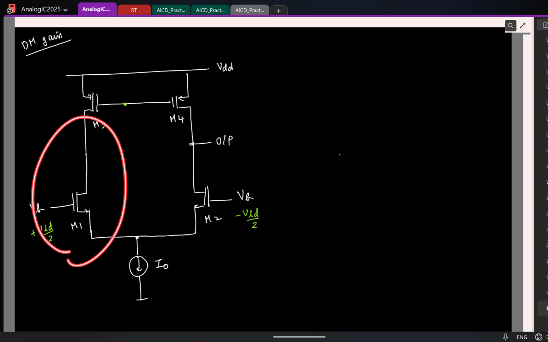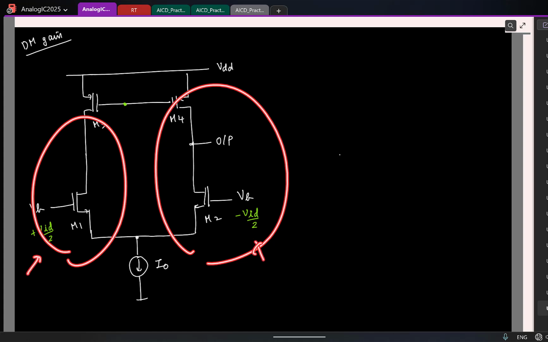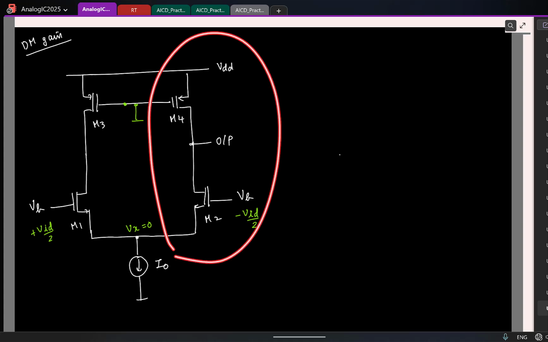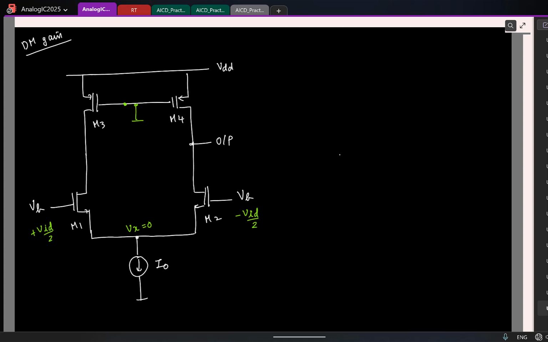If I have two symmetric circuits with anti-symmetric excitation, we already saw all the nodes along this line of symmetry will be 0. So we can argue that Vx becomes 0, same as this. So this reduces to a half circuit like this. This is the half circuit. But unfortunately, you can't make that statement now, because this is not a symmetric circuit. We have this asymmetry.